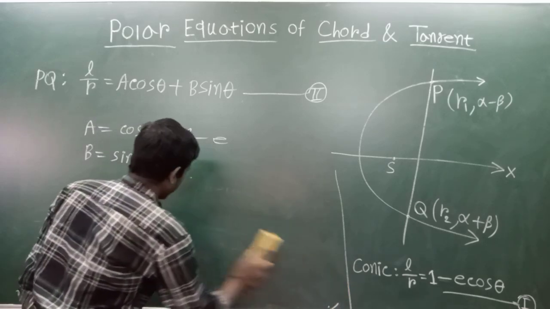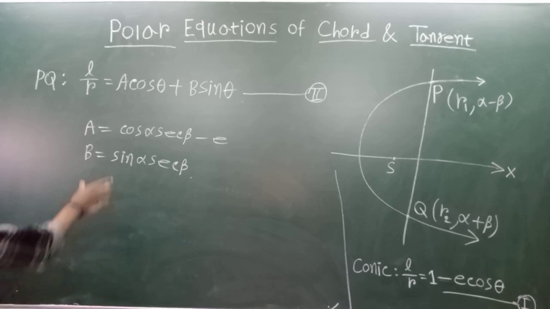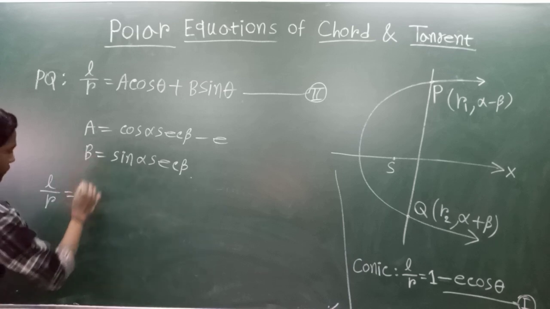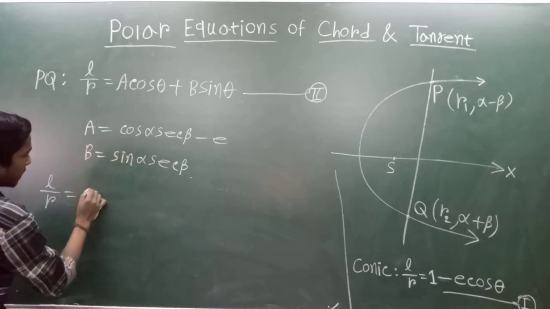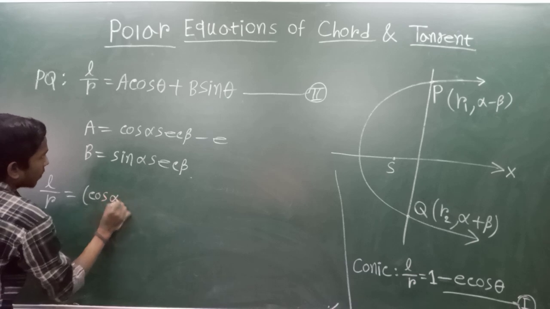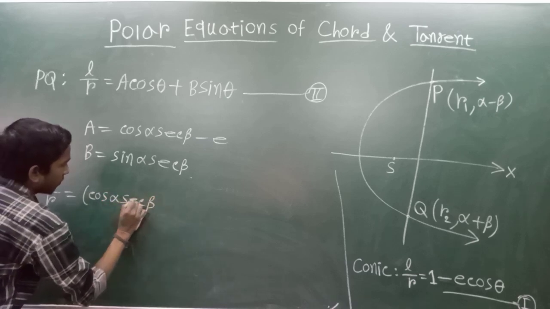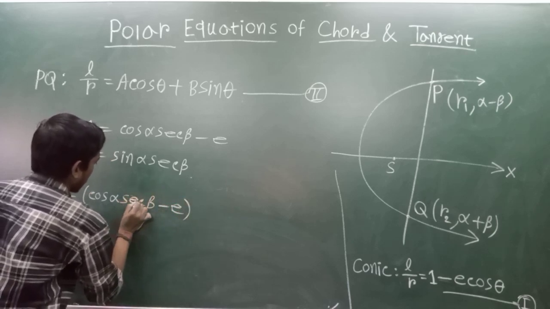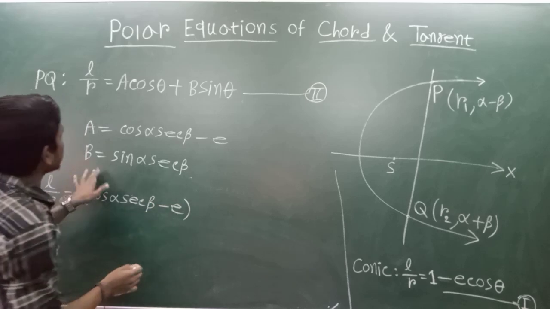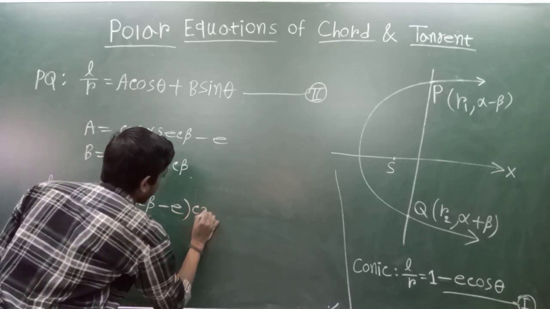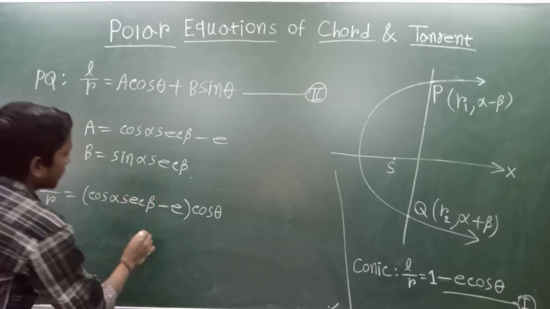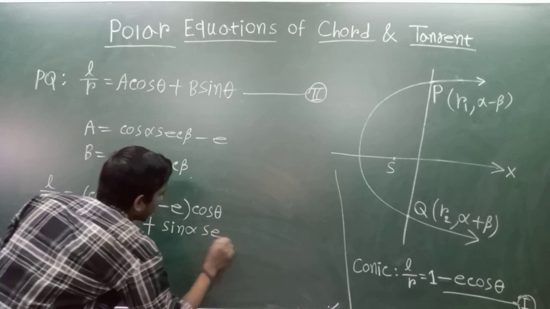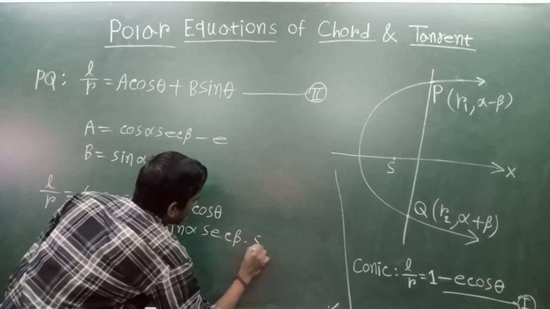So if we put these values in this equation, we get L by R is equal to, in place of A we write cos alpha sec beta minus E, into cos theta, plus, instead of B we write sin alpha sec beta into sin theta.